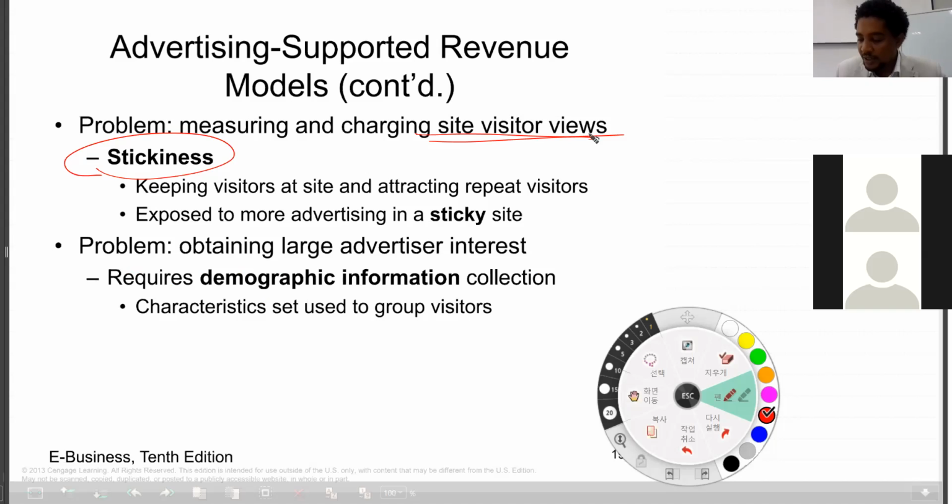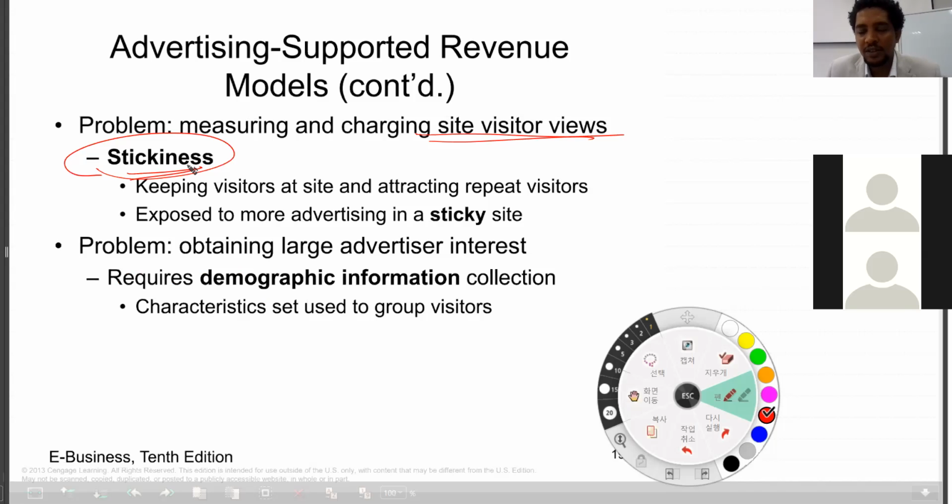And stickiness is very important. Stickiness means you have to find ways so that the customers stay with you or stick with you, right? Unless the customers stick with you, they can leave to other websites, then you might lose your business. So stickiness is keeping visitors at your site and attracting these visitors to repeat.